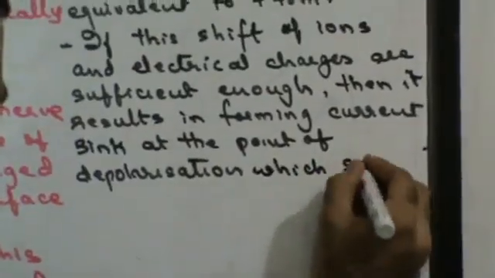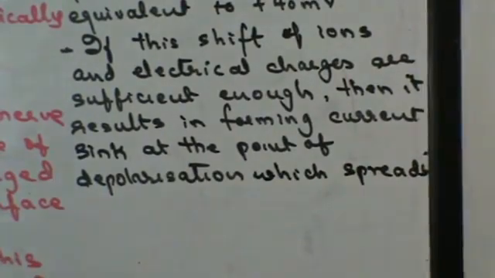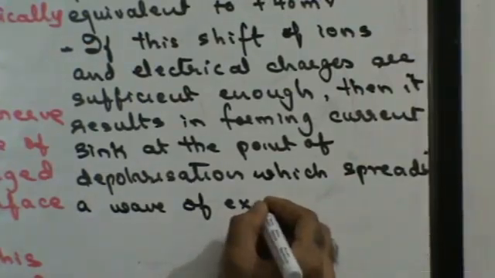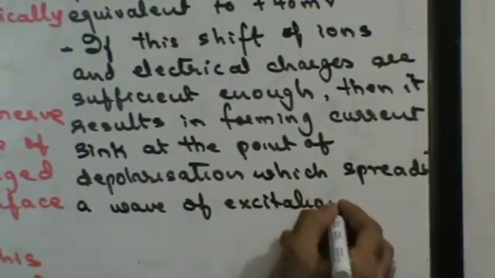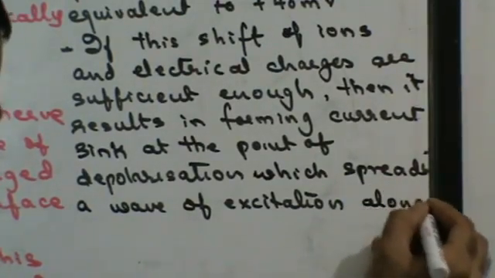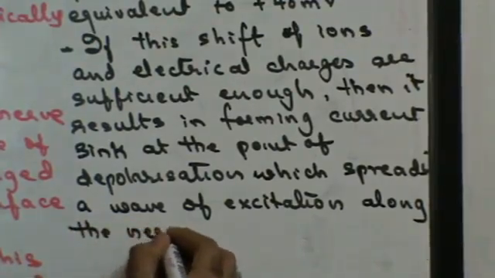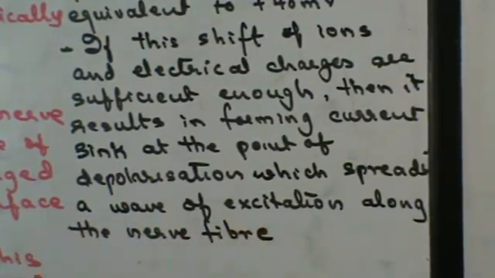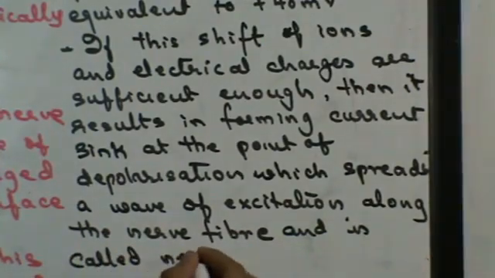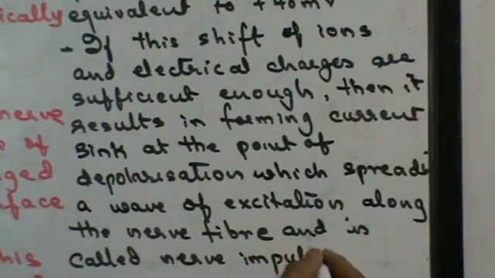Depolarization spreads a wave of excitation along the nerve fibers and is called the nerve impulse. That's how your nerve impulse is generated, right?